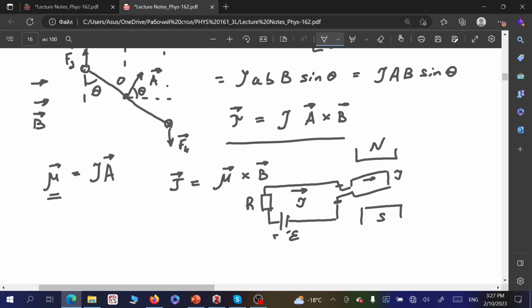As we start to run electric current through the system, there will be torque exerted on this closed loop, and it will tend to rotate the closed loop inside this bag. The torque will be proportional to the magnitude of electric current. Here is the equation.